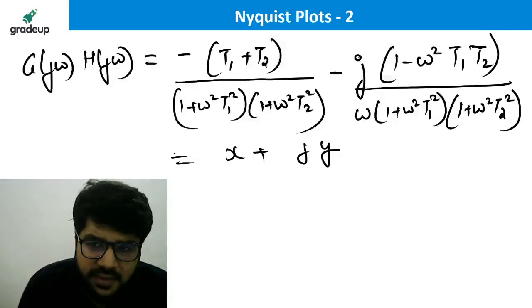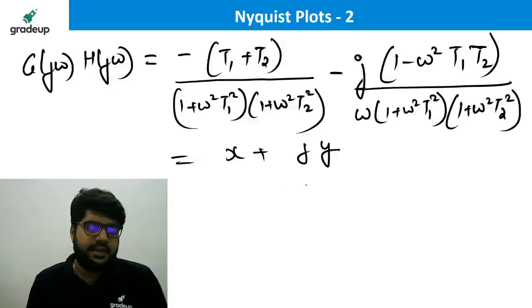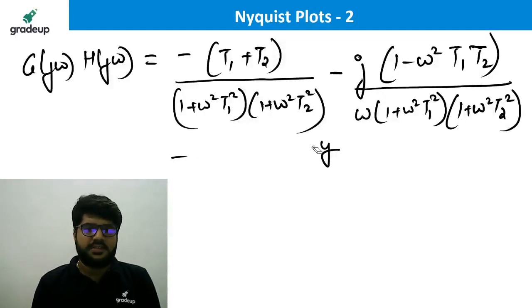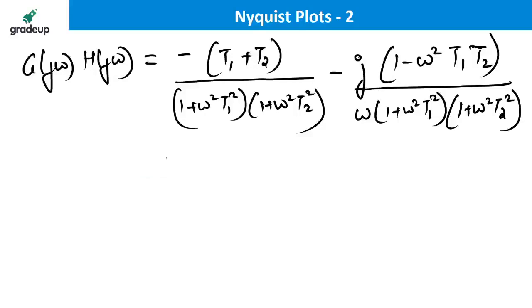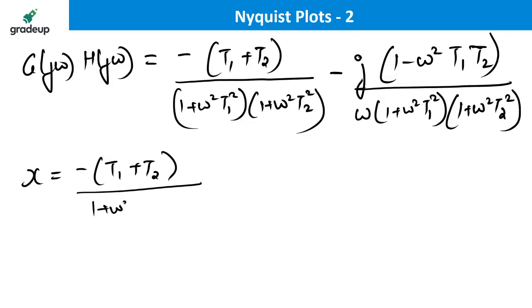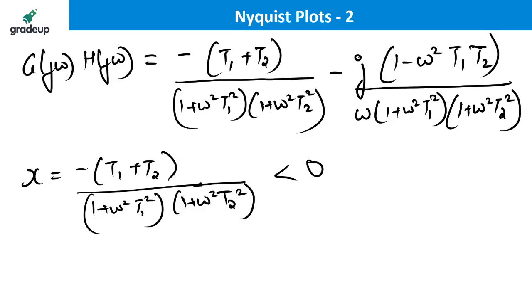Okay, which quadrant? This is of the form x plus jy, so it is in which quadrant? x is equal to minus of (t1 plus t2) divided by (1 plus omega square t1 square)(1 plus omega square t2 square), and that is coming with a minus sign, so obviously x is negative.